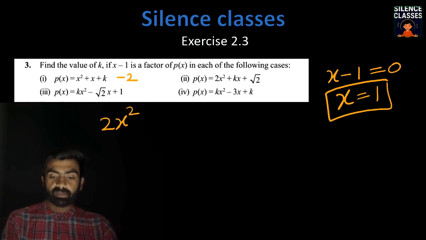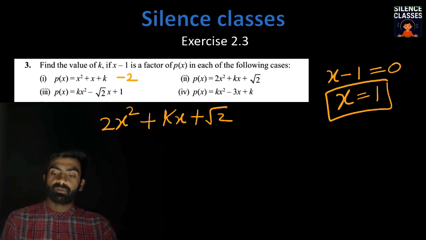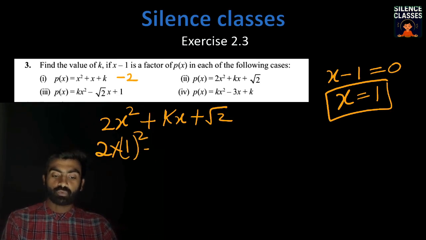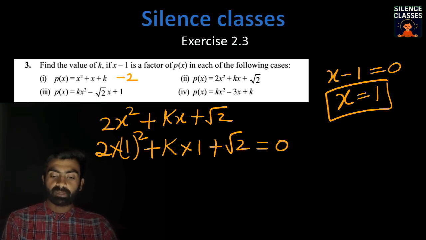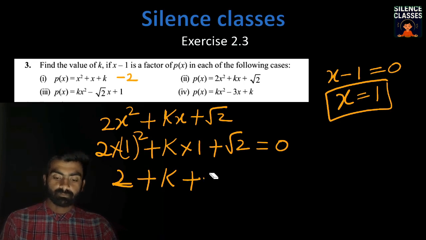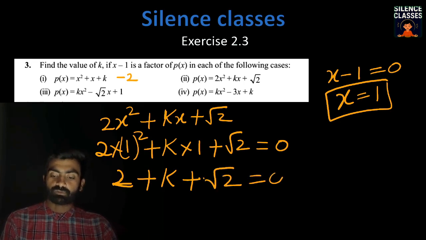2x square plus kx plus root 2. Now we have to put the value of x. So x means 2 multiplied by 1 to the power 2 plus k multiplied by 1 plus root 2 is equals to 0. So we will get 2 plus k plus root 2 is equals to 0.